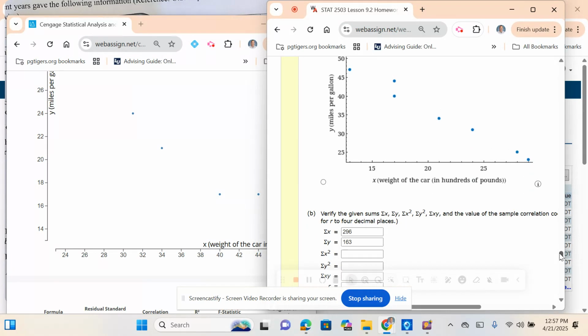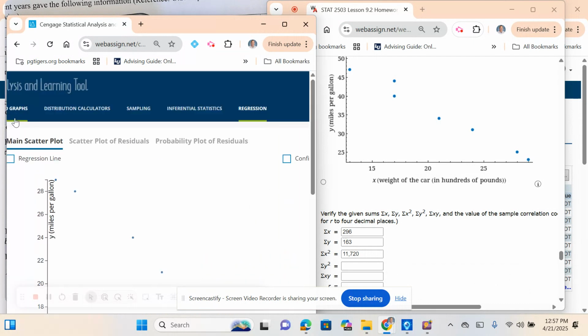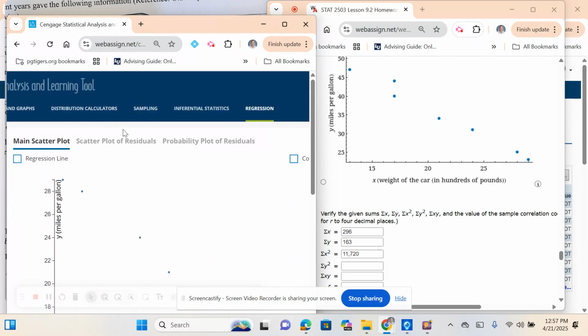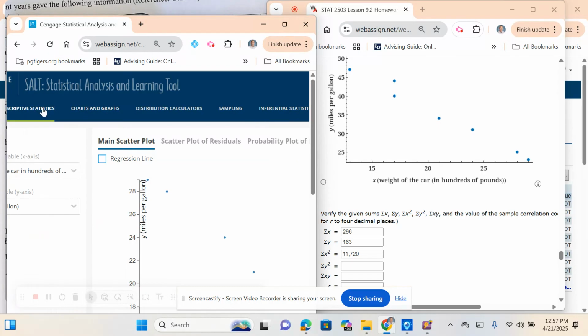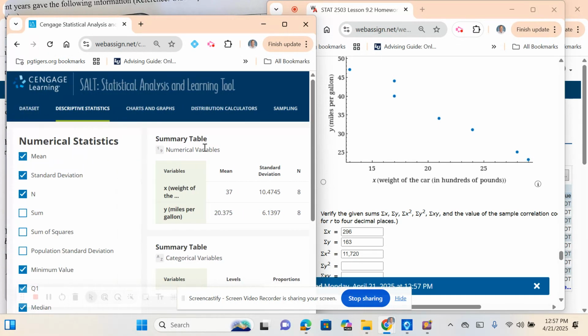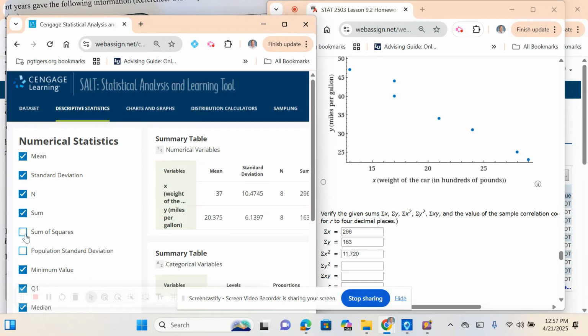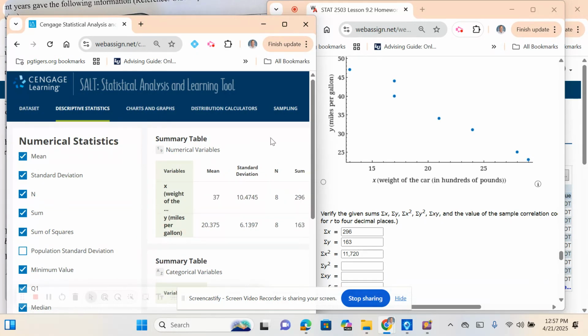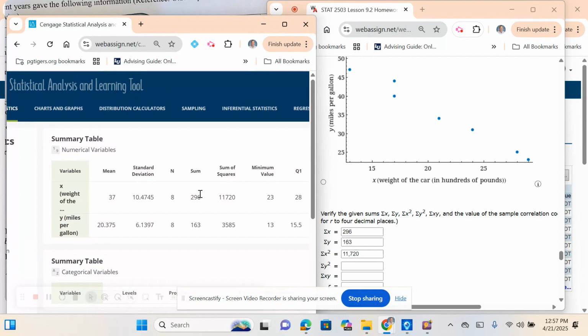Your table does not include the sum of the product, but the descriptive statistics do if you want to check. The problem is it does not include the sum of the product of the two, the EXY, so you have to go back here to sum and sum of squares and add those in there. That's the sum of the X, that's the sum of the Y. I'm going to take this comma out.